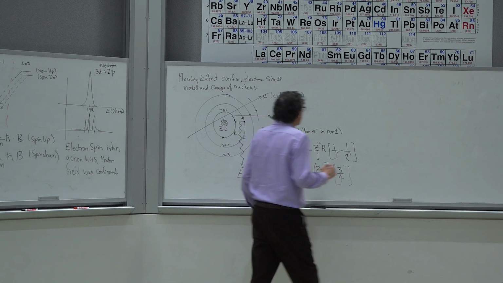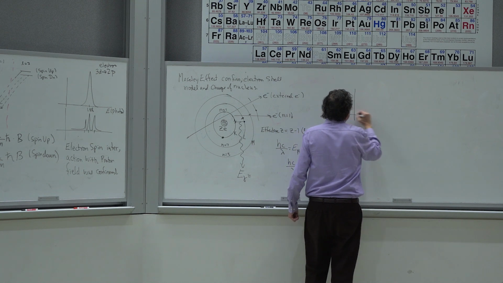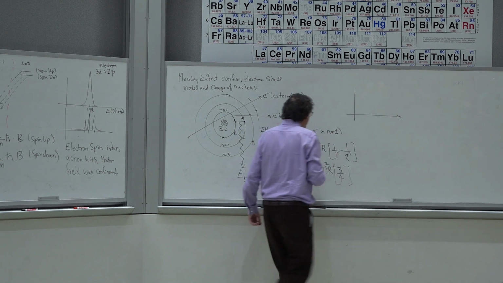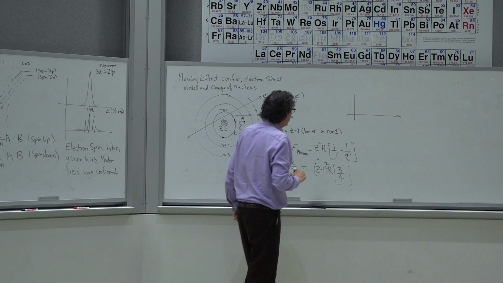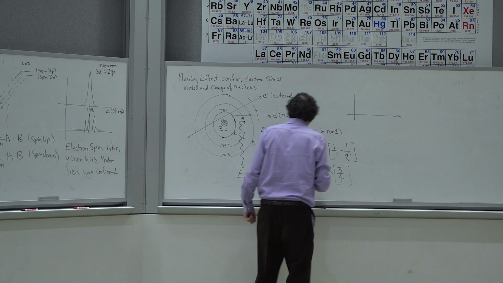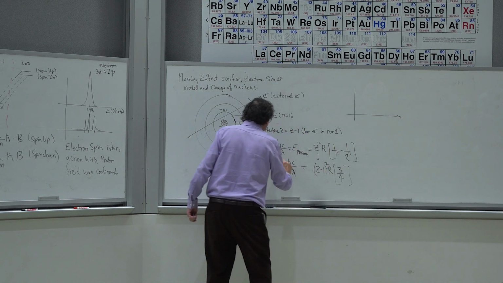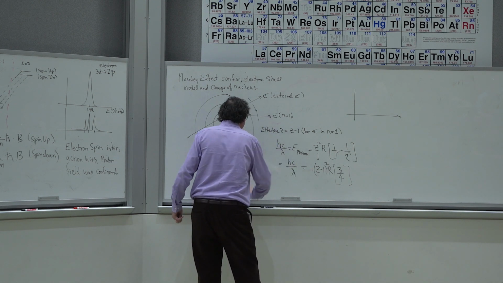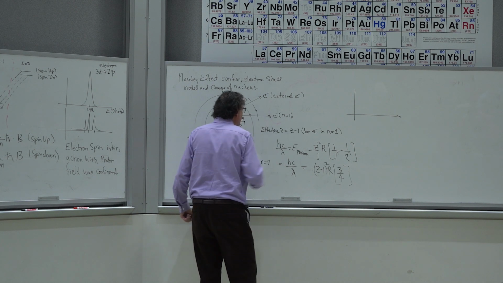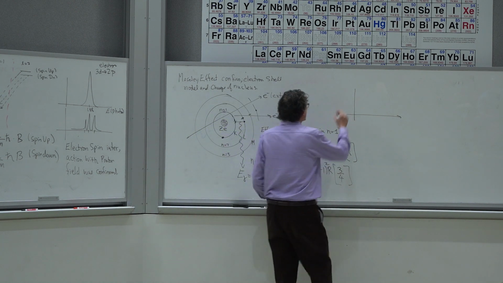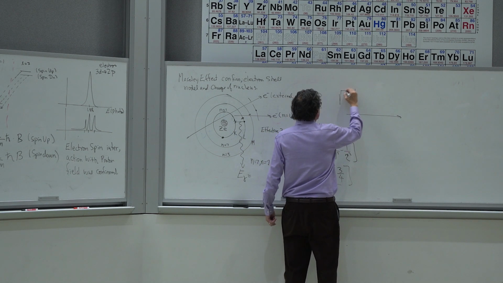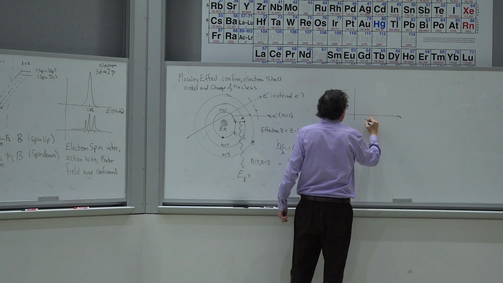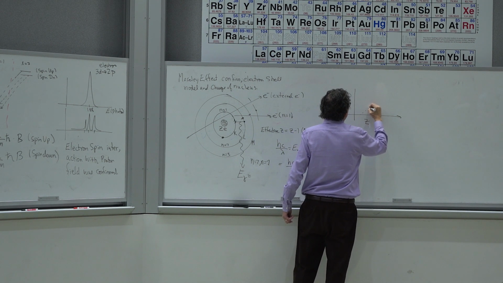And now hc over lambda is equal to Z minus 1 squared times the Rydberg constant times this other constant. So what Moseley did was he plotted a graph, going through most of the elements in the periodic table. For this particular transition, from n equals 2 to n equals 1, he plotted the square root of hc over lambda, which is the square root of the energy, versus Z, and he got a straight line.